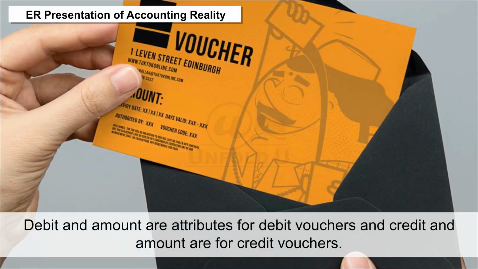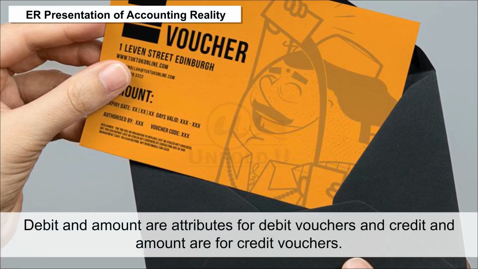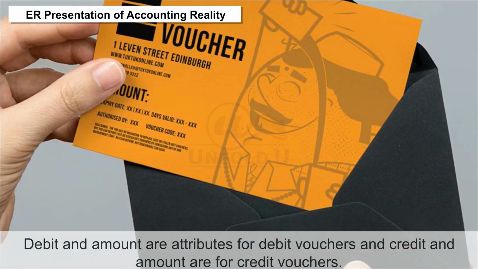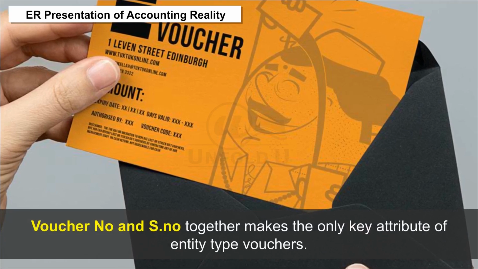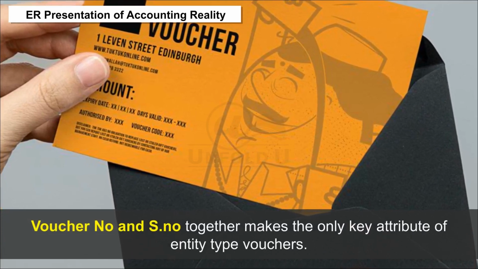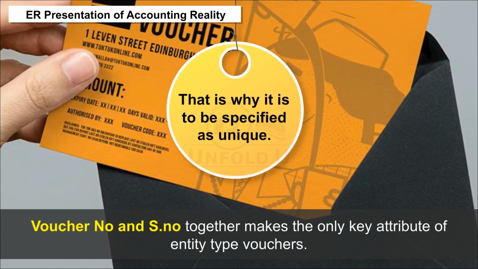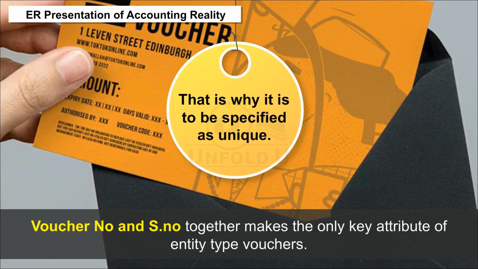Debit and amount are attributes for debit vouchers, and credit and amount are for credit vouchers. Voucher number and serial number together make the only key attribute of entity type vouchers. That is why it is to be specified as unique.